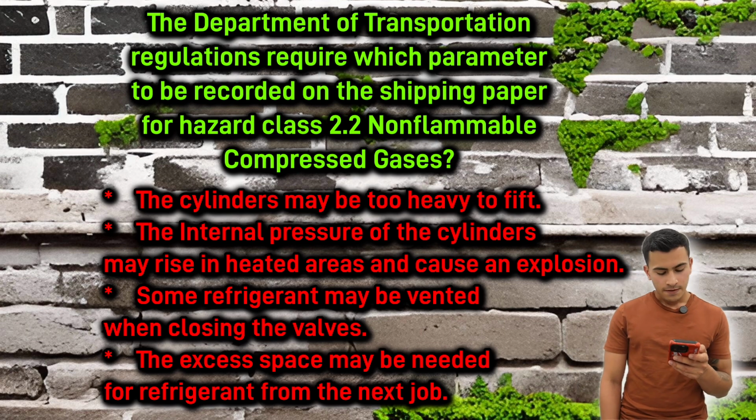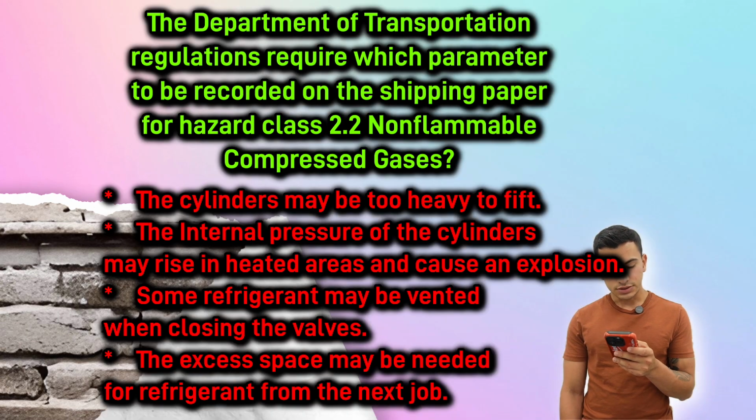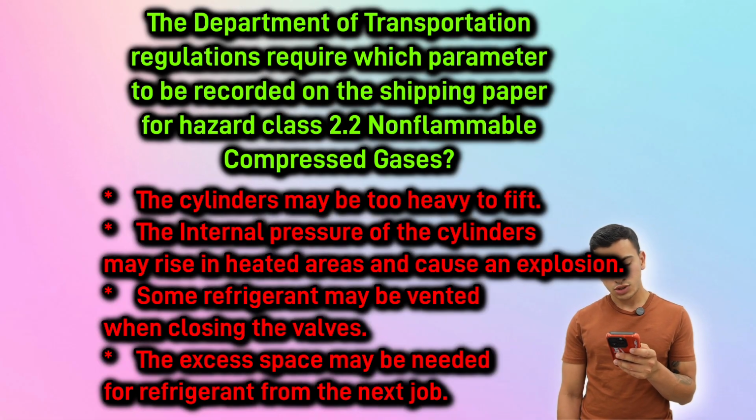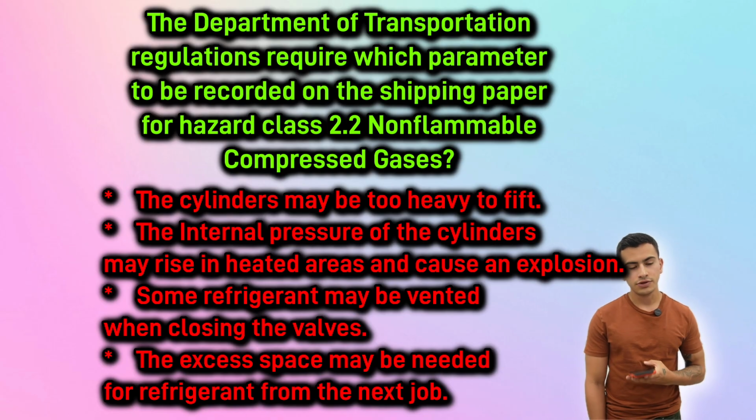So for this one would not be weight of the cylinder, it will not be total cubic feet of each gas, it will not be total weight of all cylinders, it will be number of cylinders of each gas. Number of cylinders of each gas. That will be the answer for number 25.